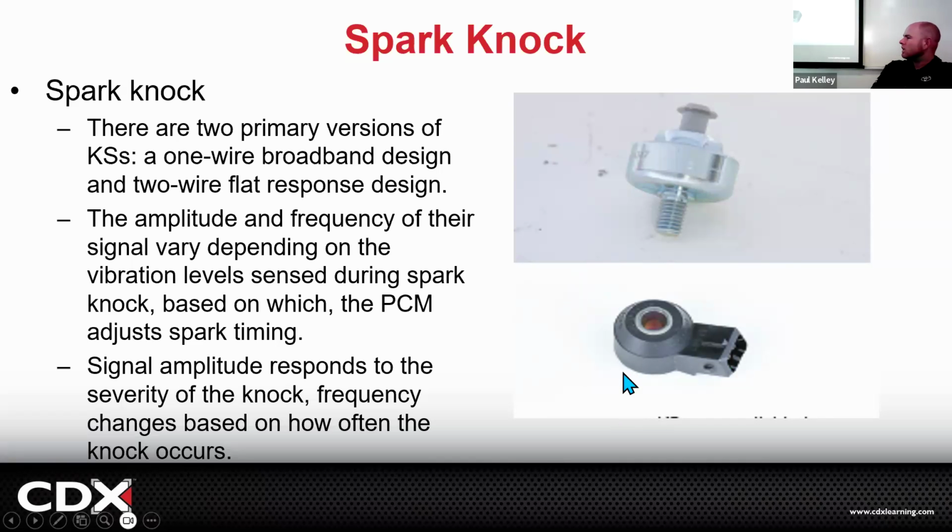Okay, so the knock sensor is yet another of the many, many inputs that the ECM has to reference to control the timing and to control the ignition. All right. And so we need this knock sensor to tell.